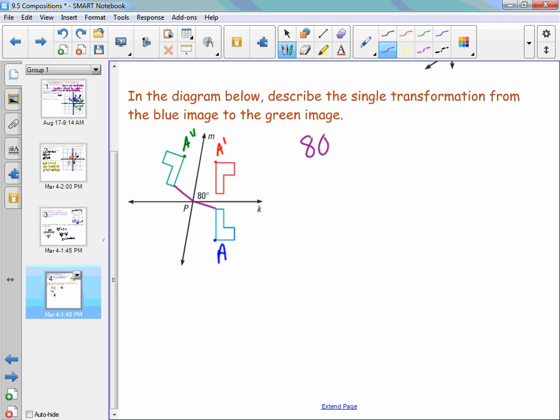In this case, we are going to multiply by 2. And this can be classified as a rotation. So key note here, a reflection across parallel lines would be a translation. The reflection across intersecting lines is a rotation.